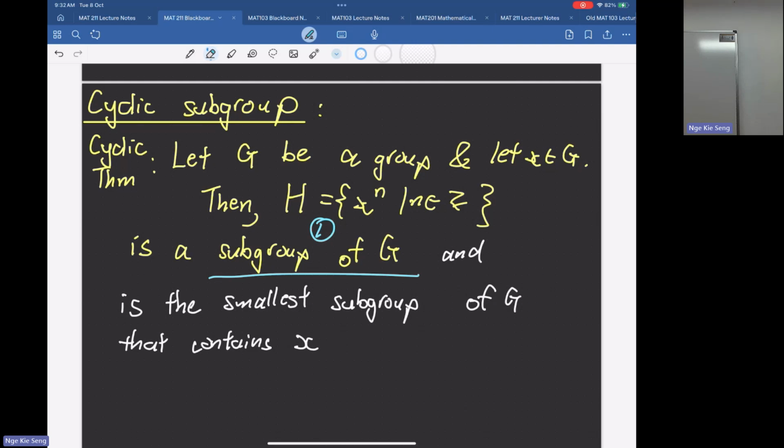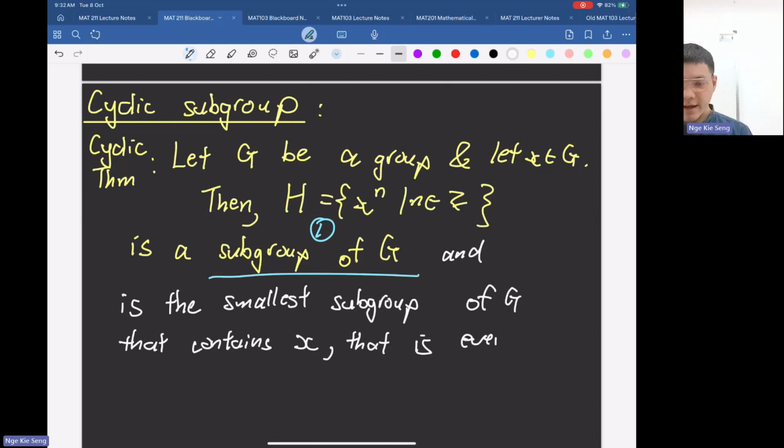So what does it mean? This is the smallest room that can include you, meaning you can be in a different room also. Maybe the other room is larger than this room. So what does it mean by smallest subgroup here? It means that every other subgroup that contains x must also contain the whole set H.